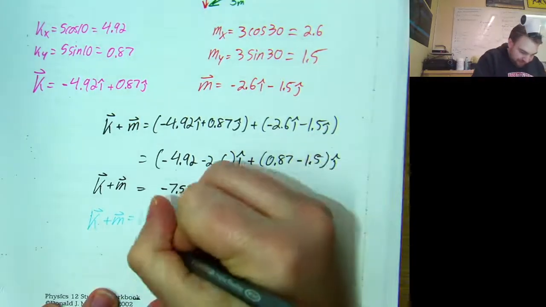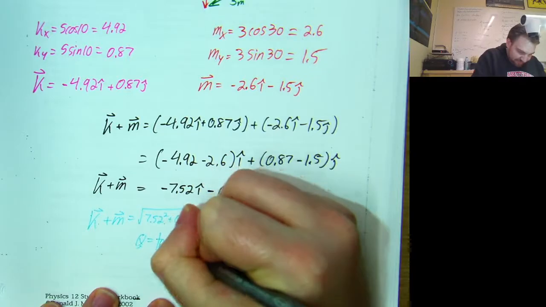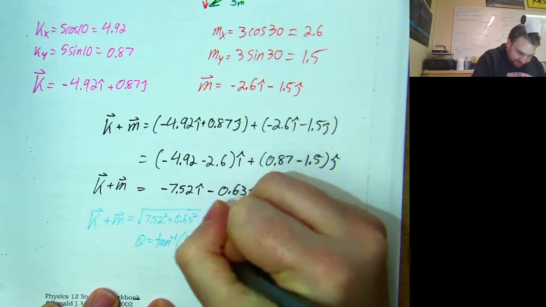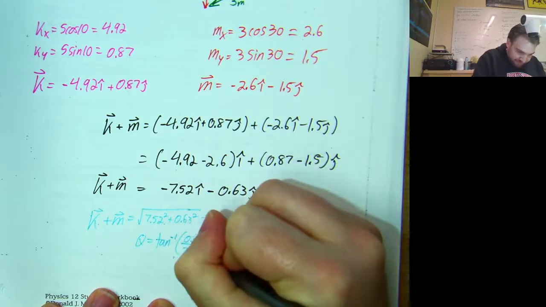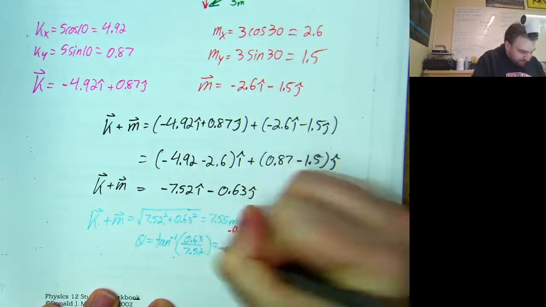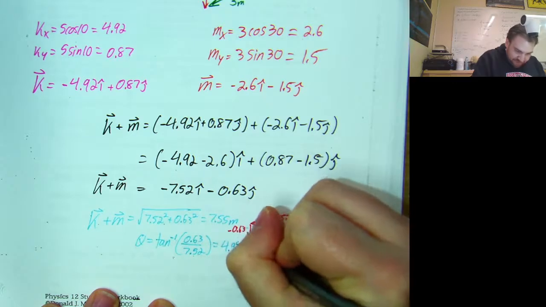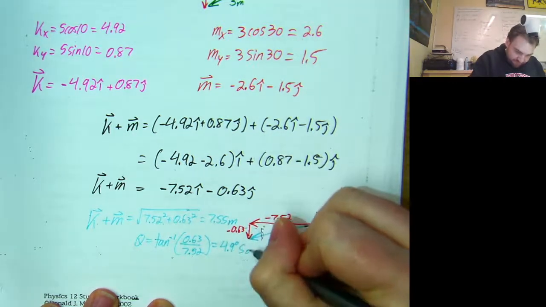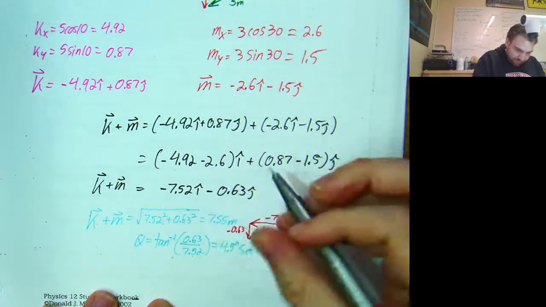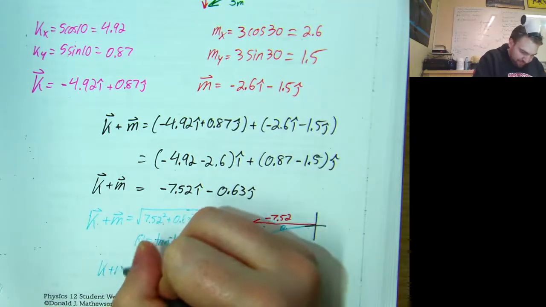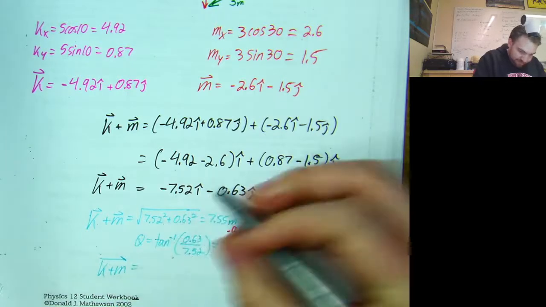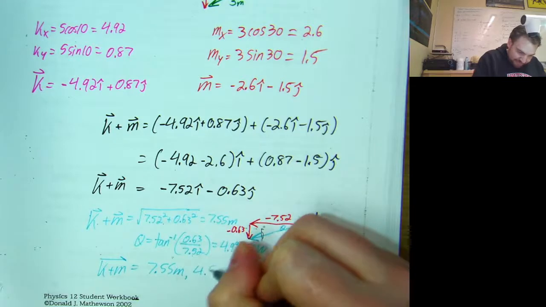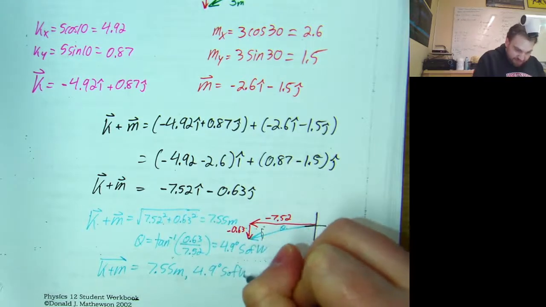And the direction, angle theta, is going to be the tan inverse of 0.63 opposite over adjacent over 7.52. That's 4.9 degrees, and it's south from west. So K plus M is equal to 7.55 meters, 4.9 degrees south of west.